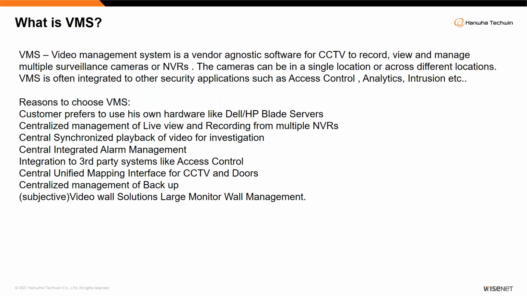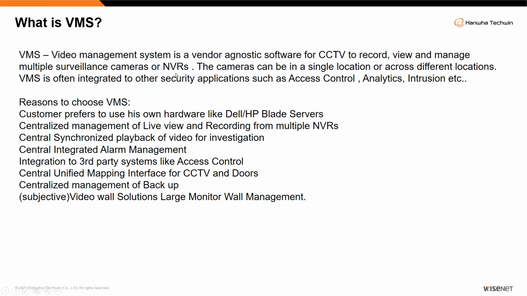Okay. Now, VMS can be used to centrally manage cameras or NVRs. Why NVR? Cameras are connected to NVR, so you can manage all the NVRs together, or you can directly connect with the cameras. You don't need NVR in between. You can directly connect with the cameras and assign where it should record. You will probably buy a third-party storage or servers with built-in storage you can use for recording.